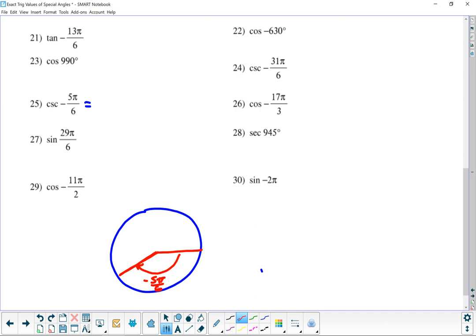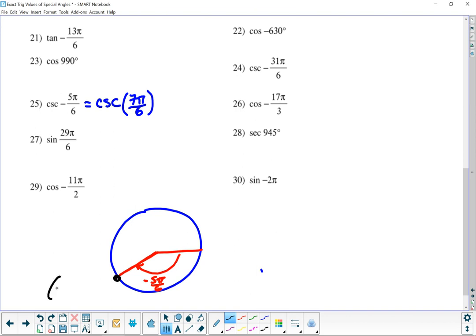So we can say cosecant of negative 5 pi over 6 is the same as cosecant of 7 pi over 6. And this one is not another circle. It's just going backwards. That's all. At 7 pi over 6, you look at the coordinate.